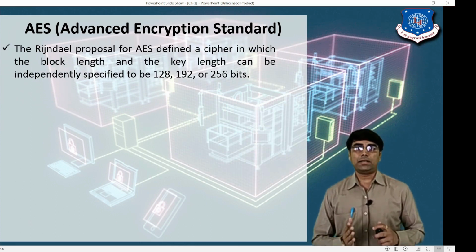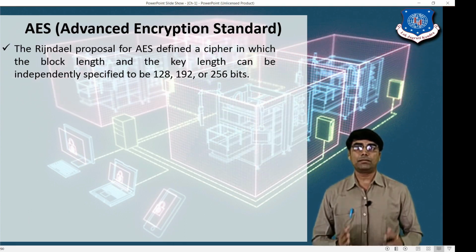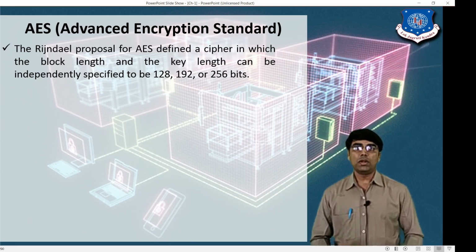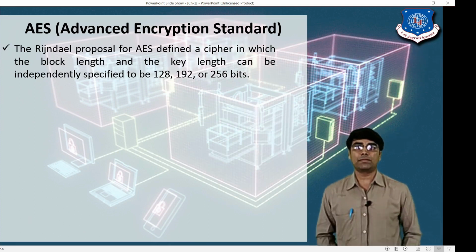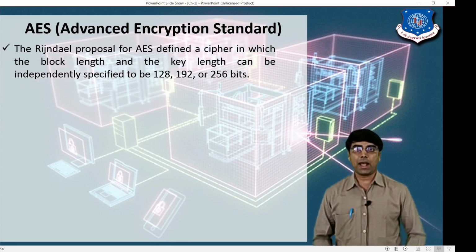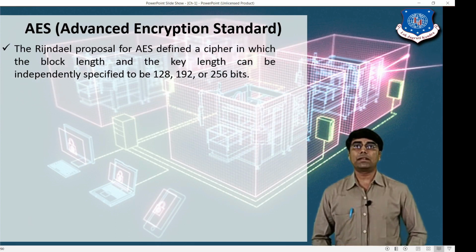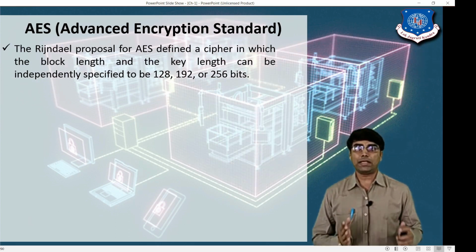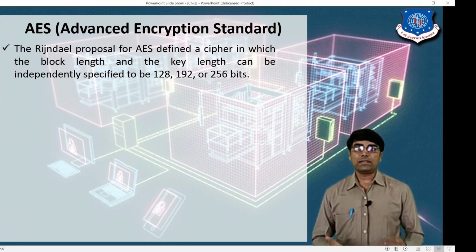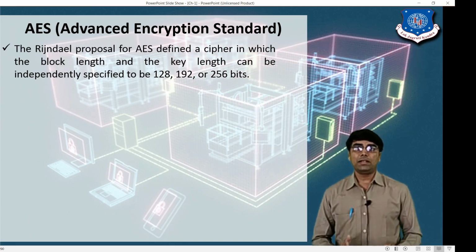Here there are different block lengths: 128 bit block length, 192 and or 256 bit block length. But generally we are using the 128 bit key, 128 bit block length.